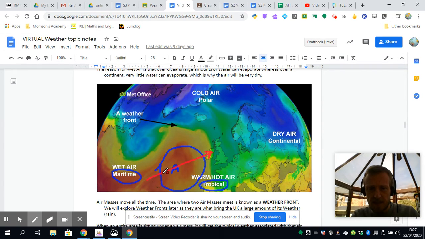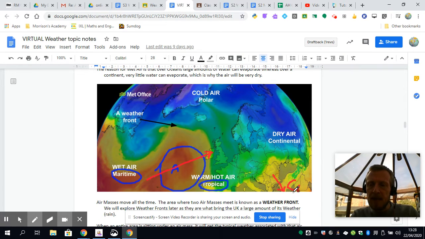Its cousin, which is very similar, which comes from Africa down here, down to the south of Europe, is very similar in the case it's tropical, therefore the air is going to be warm. But there is one big difference. Unlike coming from the Atlantic Ocean, it's coming from a continent down here, in this case Africa, from a large continent.